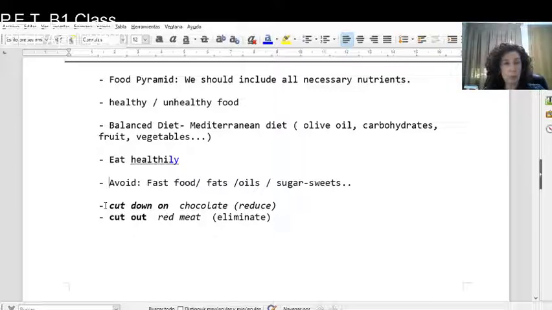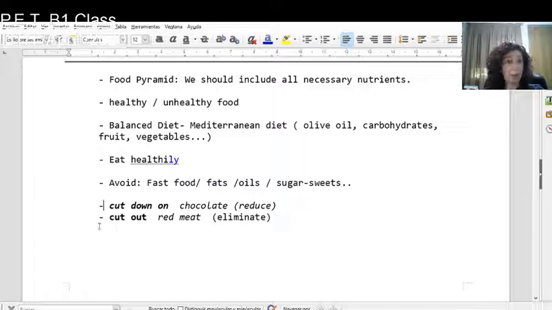Which phrasal verbs could we use regarding food? We have cut down on, reduce. For example, we should cut down on chocolate. Or cut out red meat. Cut out means that you eliminate, no more.